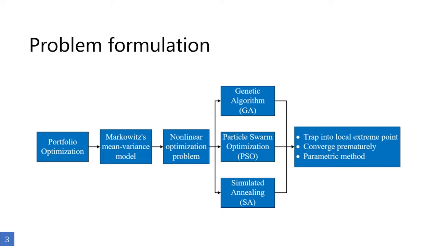However, some defects will decrease the precision of the optimization, such as a tendency to fall into local extreme points, slow convergence, and heavy reliance on parameter settings. Thus, we do not consider utilizing these methods to solve the portfolio optimization problem.